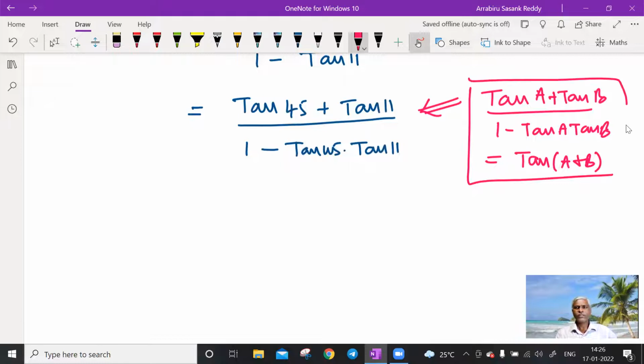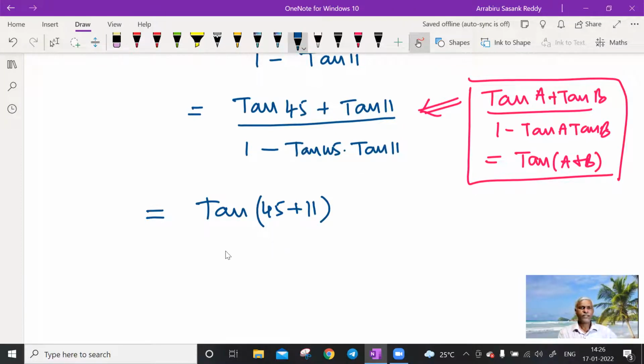So this is nothing but tan A plus B. So here tan 45 plus 11, that is equal to tan 56.